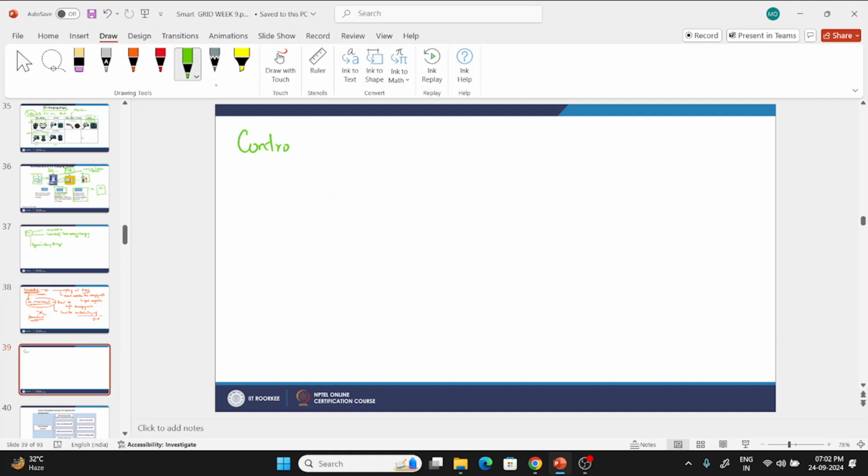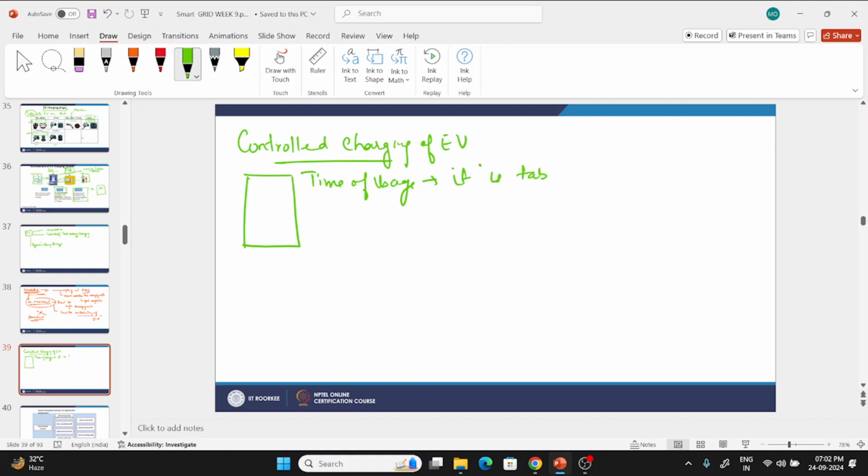That's why there is another mode of charging, which is controlled charging of EV. Whenever the user needs to charge, they will see the time of usage. What is the time of usage? It is a table, or rather the rate of charge at any specified time.